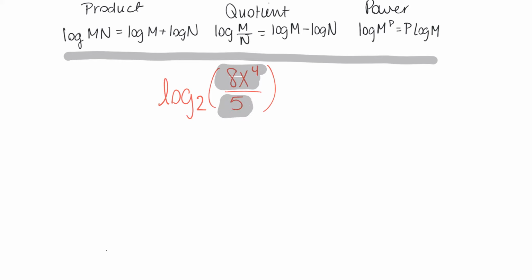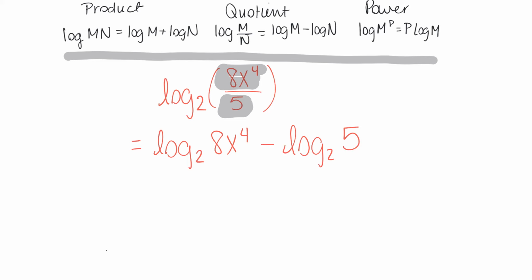I'm going to use the quotient law and break it into a subtraction problem. So I'm going to say the log base 2 of 8x to the 4th minus a log base 2 of 5. This whole thing is equal to this. I've used the quotient law to break it into its divisor.